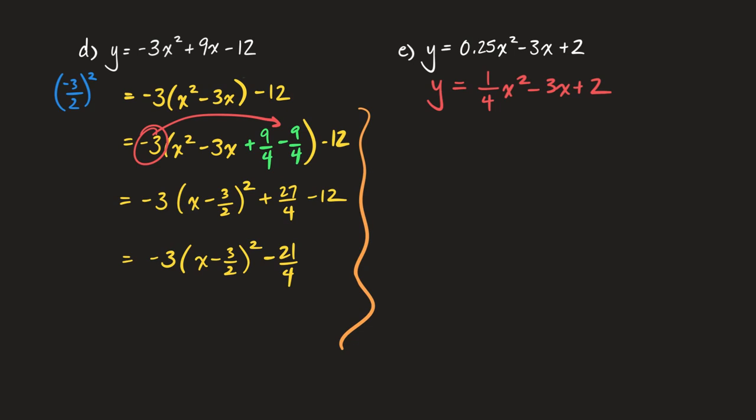I'm absolutely thinking it. So that my first line, when I choose to go and factor out my 1/4 or factor out my 0.25, I know that factoring is dividing without dividing. So I need to calculate 3 divided by 1/4.